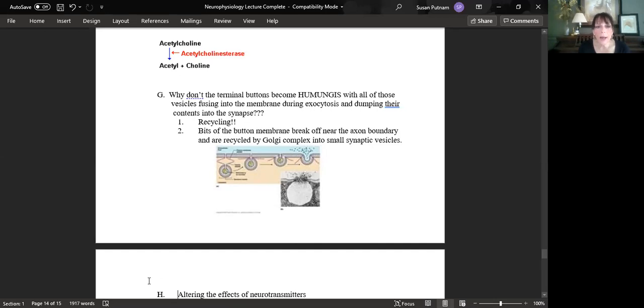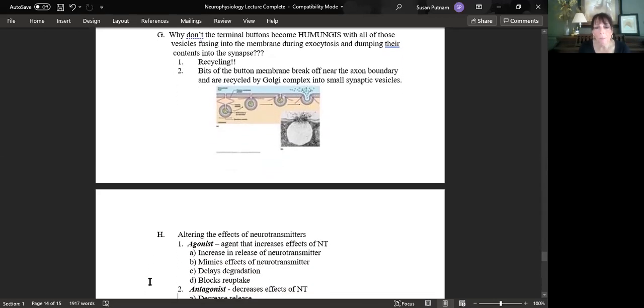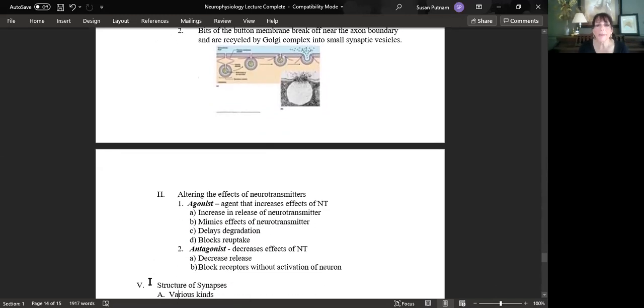So let's go on now to altering the effects of neurotransmitters. There are ways that we can do that, and this is absolutely critical for us to know, because when we talk about the various mental disorders, which is coming up sooner than you might think, we'll be talking about drugs that will work to either increase neurotransmitter availability or decrease it, okay?